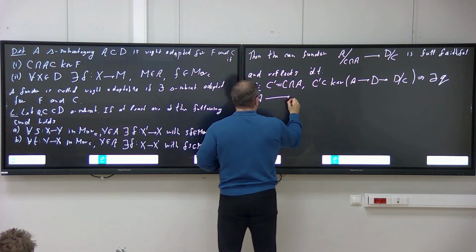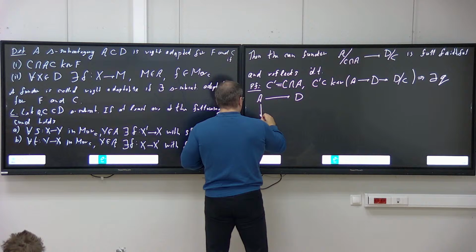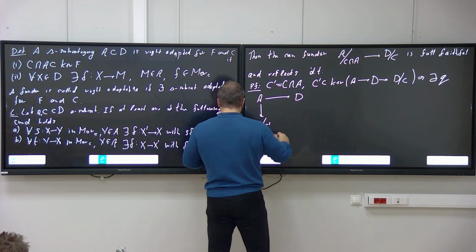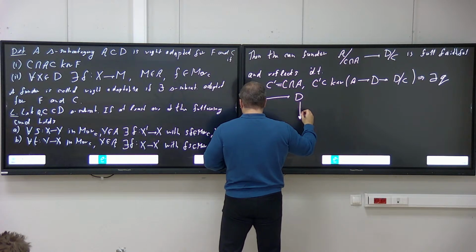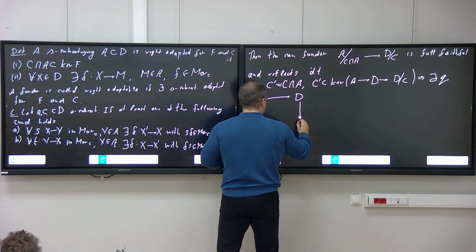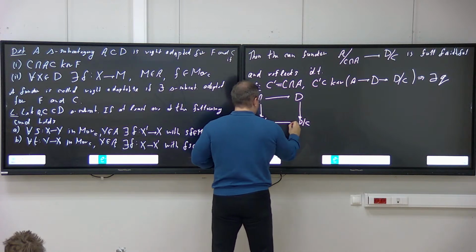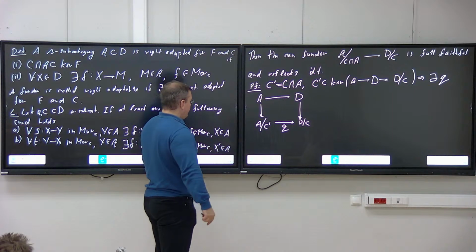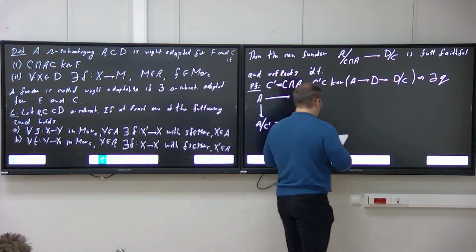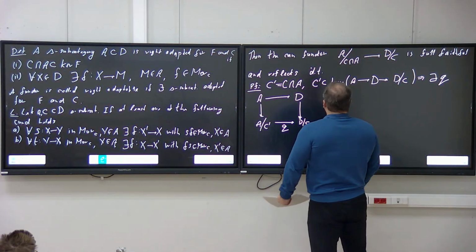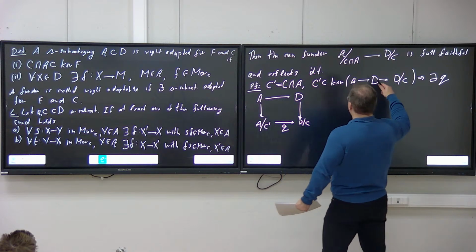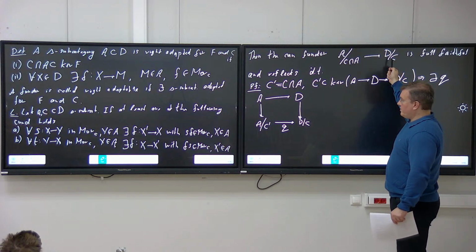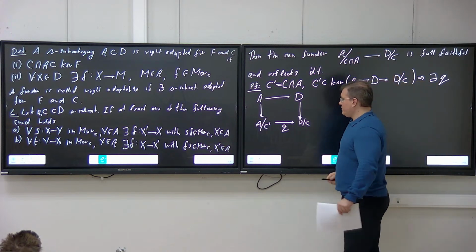I have the embedding of A into D, a canonical map to A modulo C prime, and a canonical functor to D mod C, and the functor Q is here. That's the canonical functor that I have in mind when I say there's a canonical functor in the statement of the theorem.